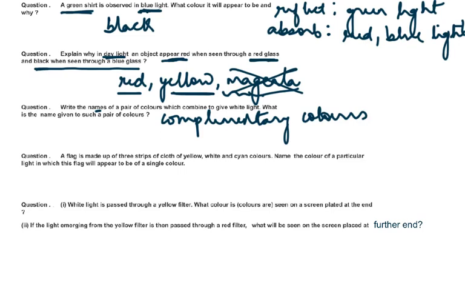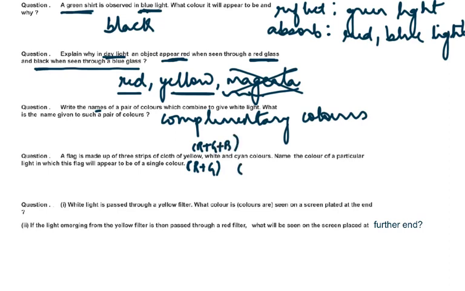A flag is made up of 3 strips of cloth of yellow, white and cyan colors. Name the color of a particular light in which the flag will appear to be of single color. Okay, see this. What colors is yellow made up of? Quickly recap. Yellow is made up of red and green. Then white. White is having red, green and blue.